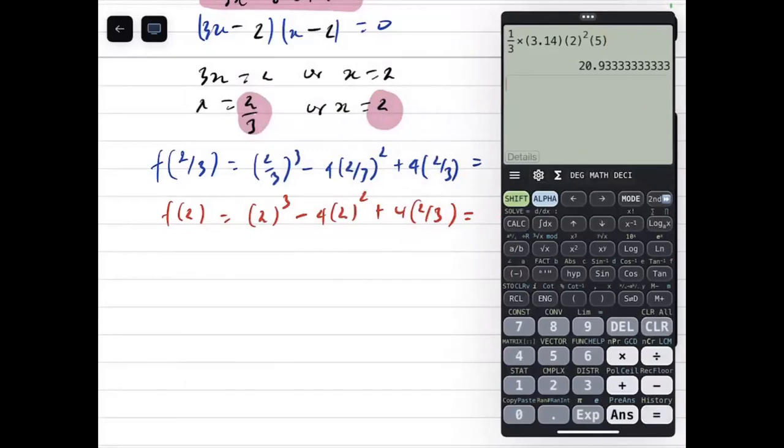Now with the work on, right, plus 4 divided by 3.